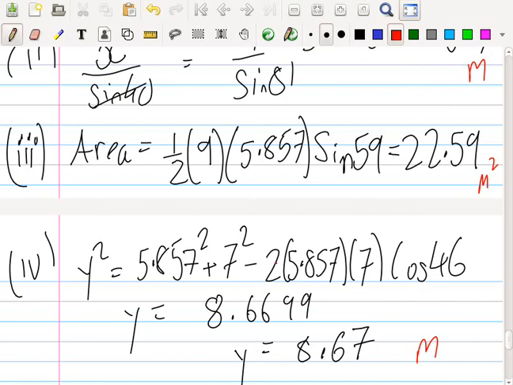Plus 7 squared, yes? Minus twice times 5.857 times cos 46. So I got 75.167, and then I square root that answer, and once again 8.67.